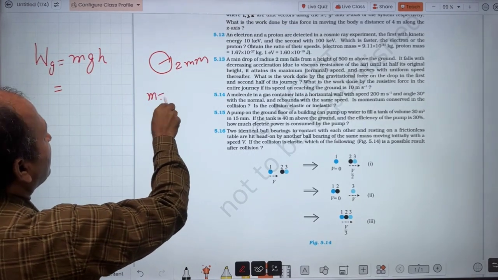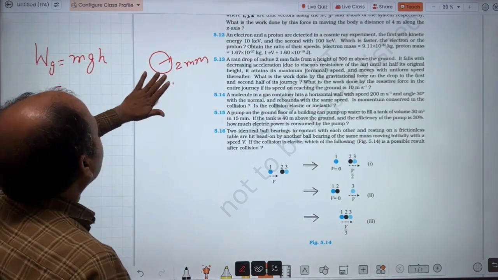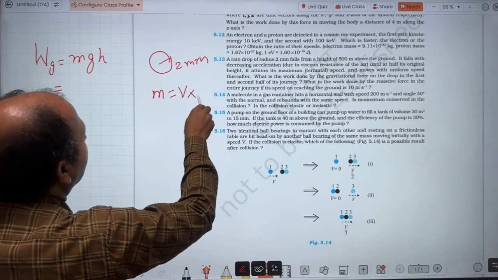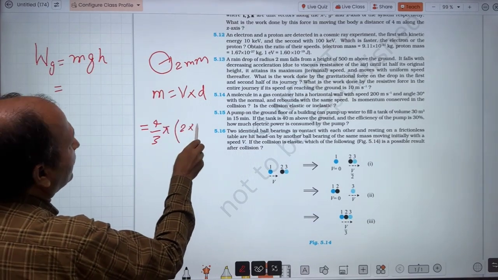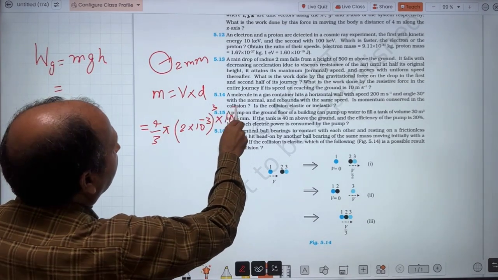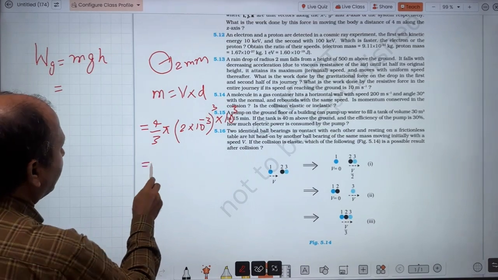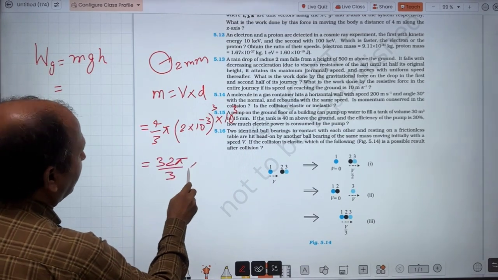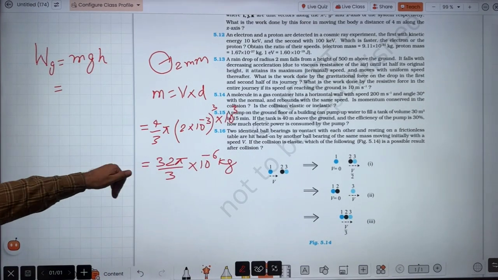If we find mass by using the formula volume into density, m equals volume into density, and volume is 4 by 3 pi r cube, with r equal to 2 into 10 to the power minus 3, into density of water, 10 power 3. If we evaluate, we get 32 pi by 3 into 10 to the power minus 6 kg. So we have got the value of m.